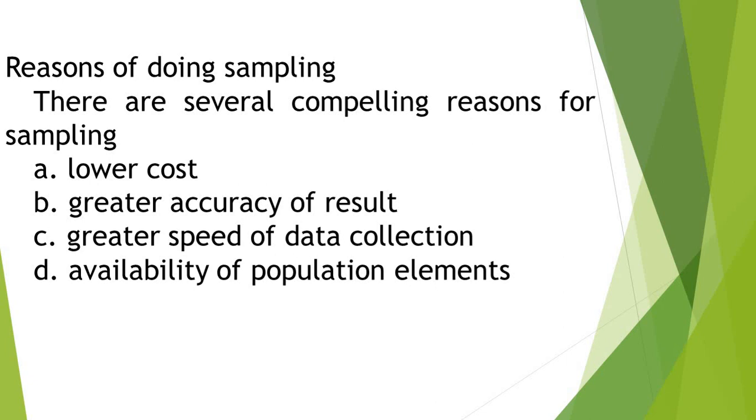Second, greater accuracy of results. Since the sample is a representation of the population, whatever result the sample has, as long as it is valid, might also be inferred throughout the population. Third, greater speed of data collection, since it is lesser. Fourth, availability of population elements.